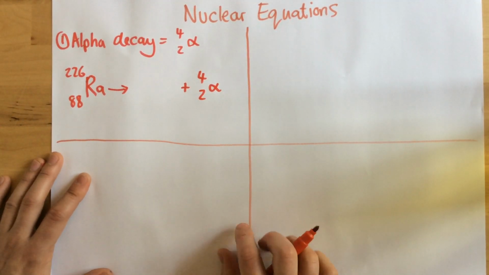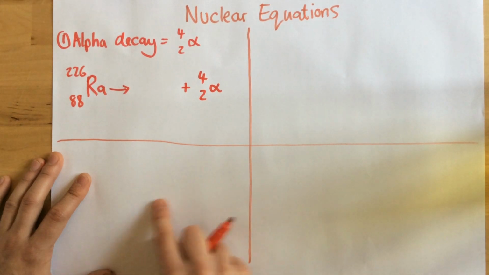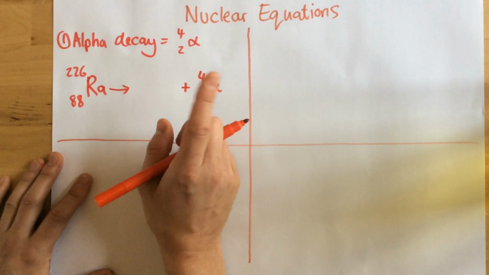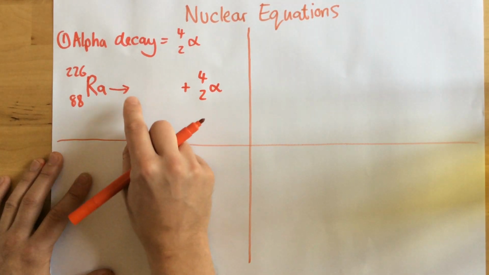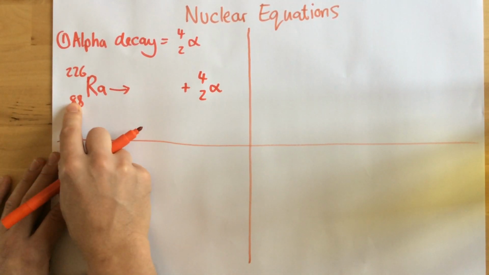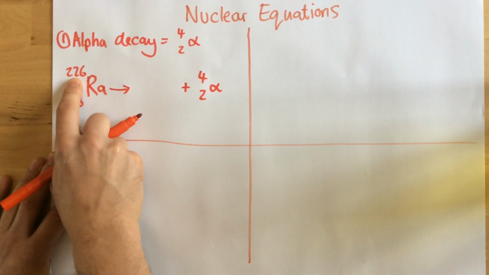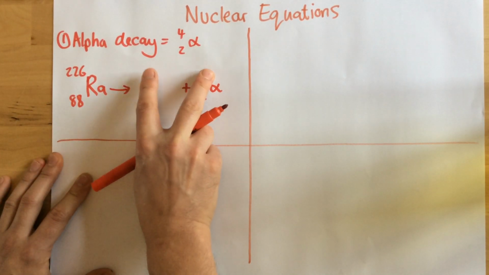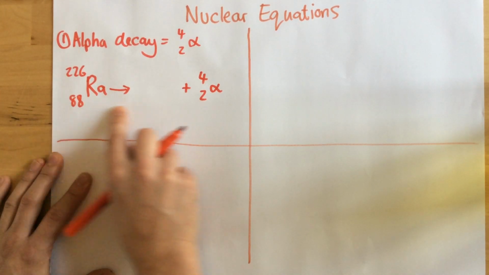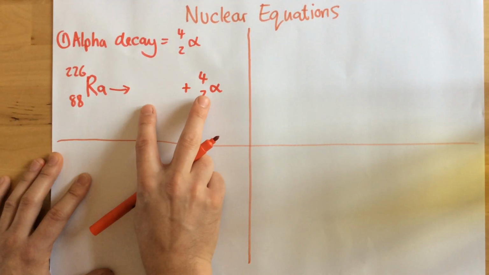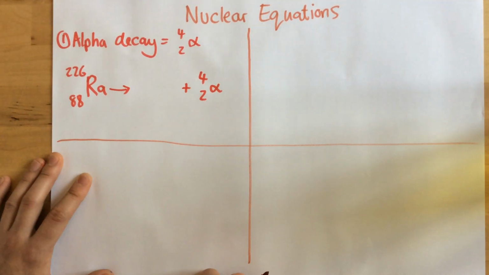Now, the golden rule, the way to get all of these different equations to work, is we must remember that the total mass and atomic numbers must be equal on both sides. This mass number here on top must add up to the sum of these 2 mass numbers, and the atomic number at the bottom must add up to the sum of these 2 atomic numbers.